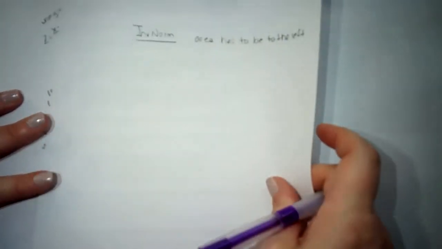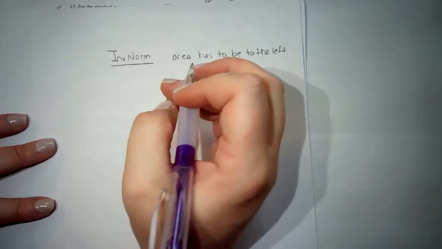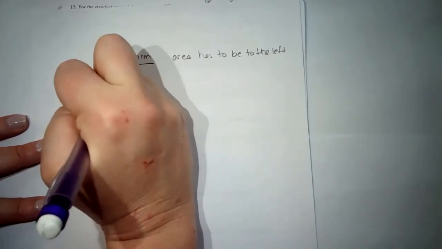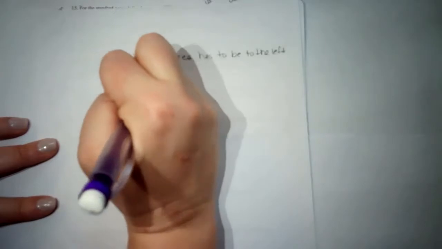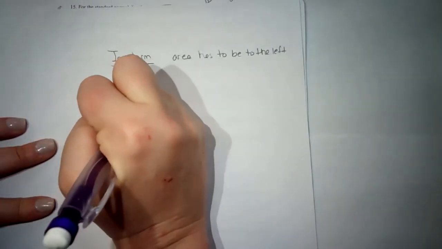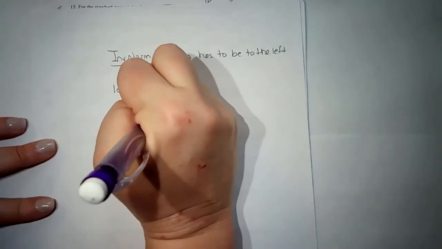So this might be something that you want to write on your little key formula sheet. If they give you the area to the left, left tail, you're good to go. You're going to put it in. If they give you the area to the right or in the right tail, you're going to do 1 minus that area.